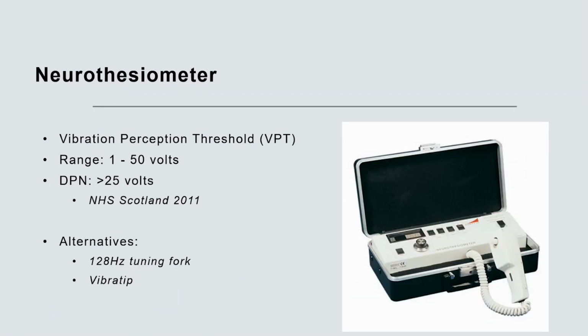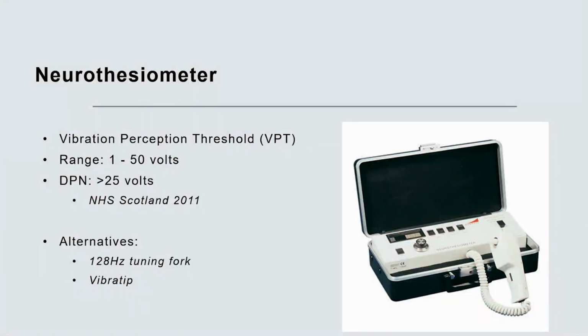The neurosthesiometer is on the screen here. It demonstrates the machine itself. You could use a tuning fork. The advantages to this machine are that it ramps up, so you can turn it all the way up to 50 volts vibration, and then we can quantify that value.